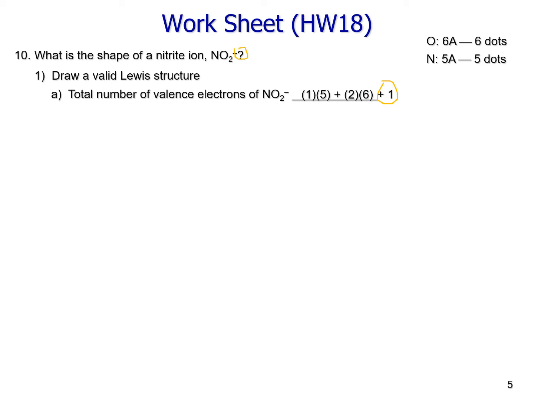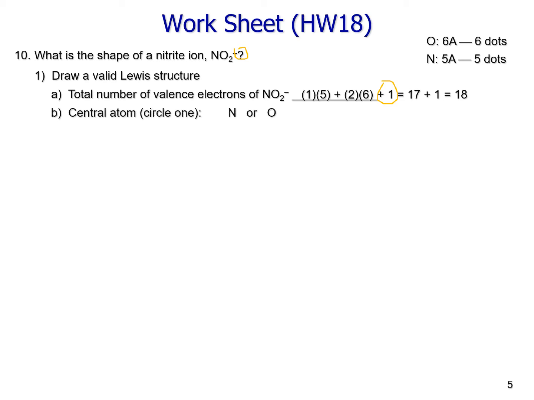So that is the reason why we need to add 1 electron for each negative charge of the anion. So the total number of valence electrons is 18.